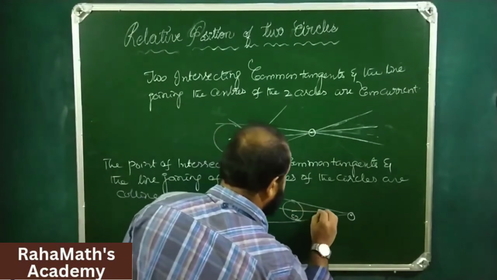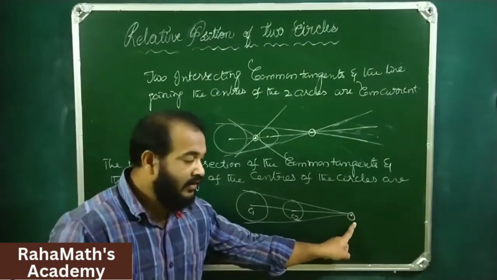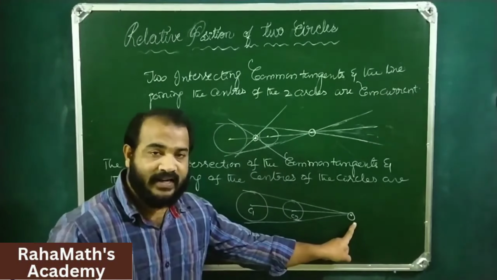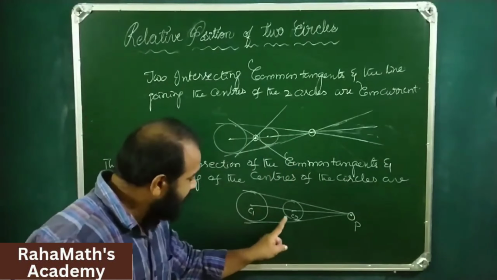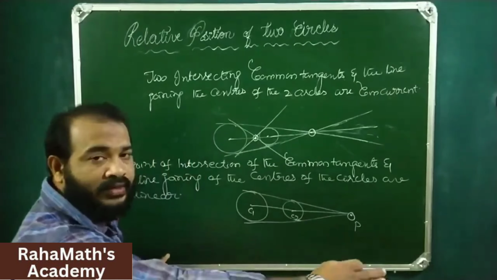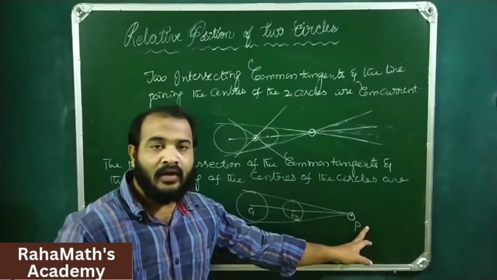If I extend C1, C2 and the point of intersection of the direct common tangents, let us suppose this to be P, then C1, C2, P are all lying on the same line. That is why they are said to be collinear points.